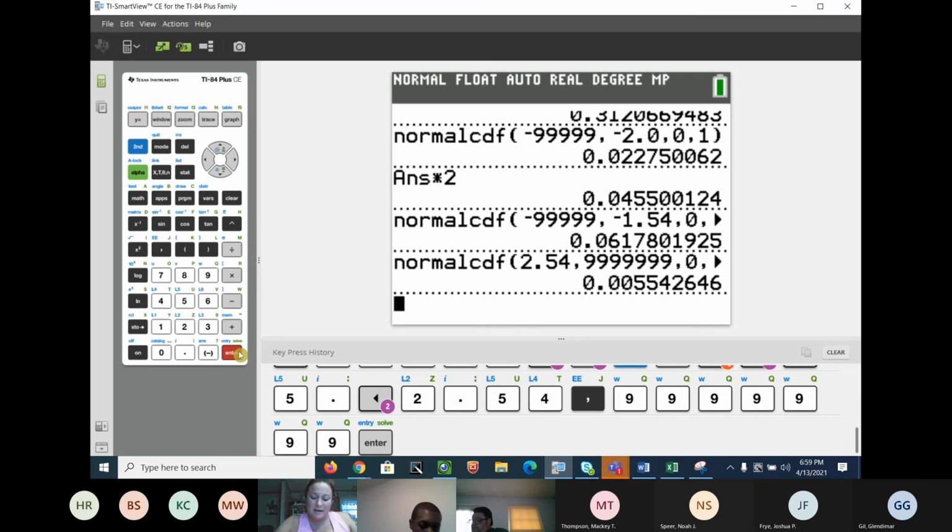But see, for some reason, I got a negative when I did it. Check it again. And I did. All right. So you can't have a second negative probability. Negative 9999, comma, 2, comma, negative 1.54, close parentheses. Where did negative 154 come from? Are you doing the orange or the blue? Oh, there it is. Negative 1.54. Yeah. Close parenthesis. 0.018. No, I'm talking about I got a negative on the other side. And how, I don't know.